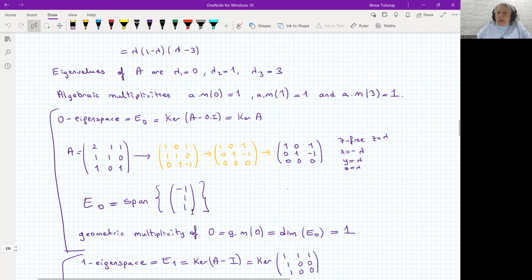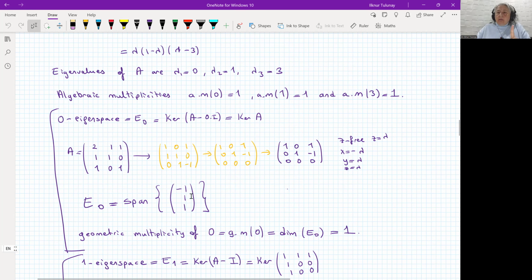And so the basis for this eigenspace will be (minus 1, 1, 1), which is the span of this vector. This is the basis of E0, the zero eigenspace.